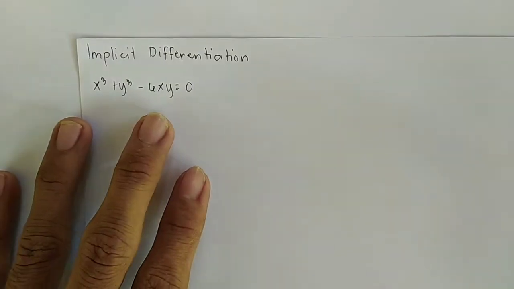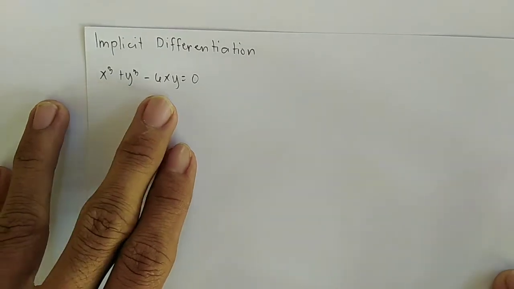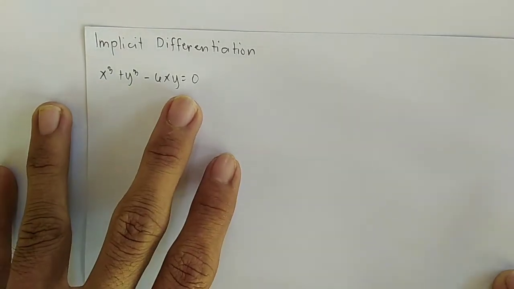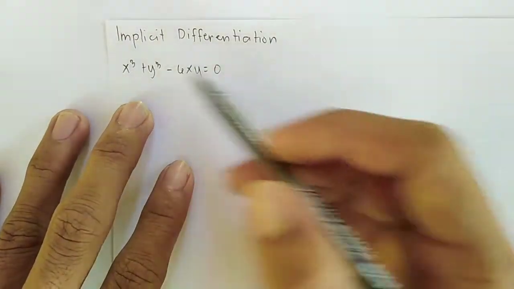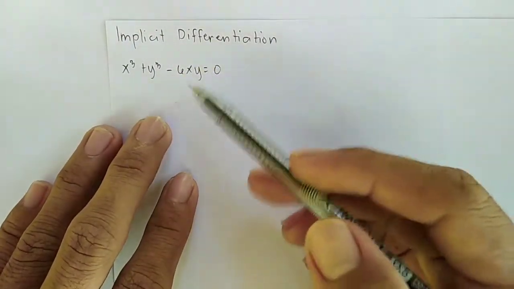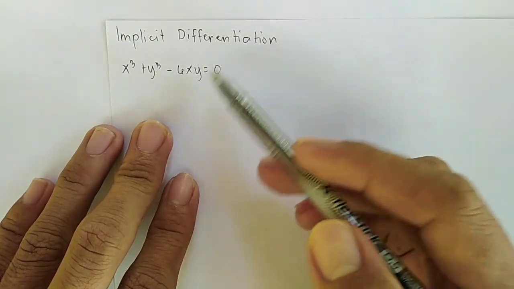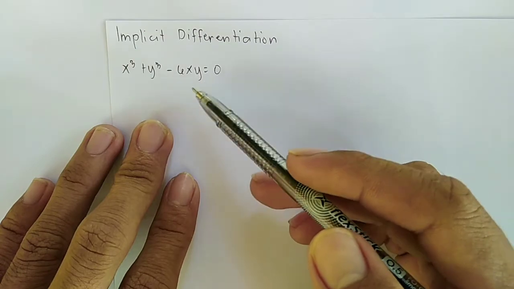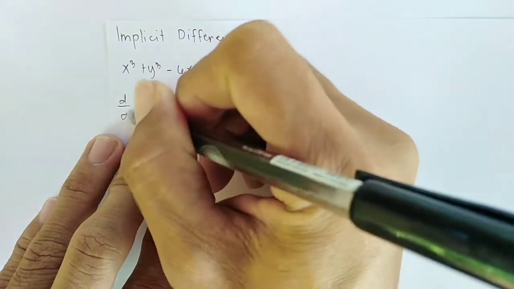So our equation to be used is defined by x cubed plus y cubed minus 6xy is equal to 0. In implicit differentiation, you are just going to directly get the derivative of each term in the given equation. So we are going to get the derivative of each term.